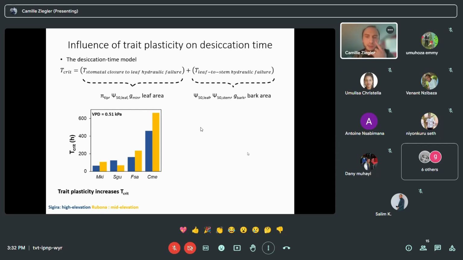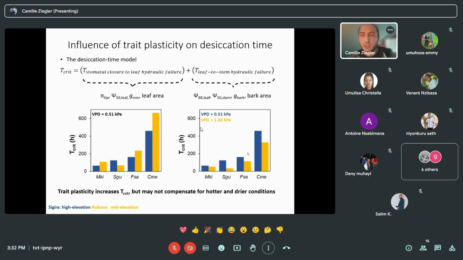But now, if you think of the different climate conditions in which these trees grow, you can use these climate data to compute T-crits in a more refined way. So I used vapor pressure deficit, the measure of air dryness, which is twice as high in Rubona than in Sigira.